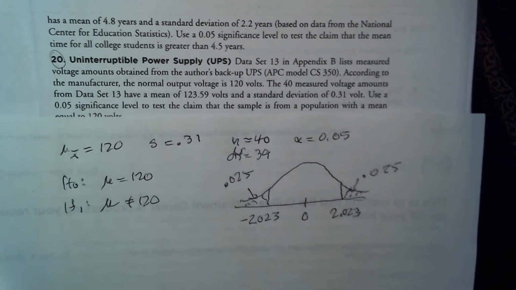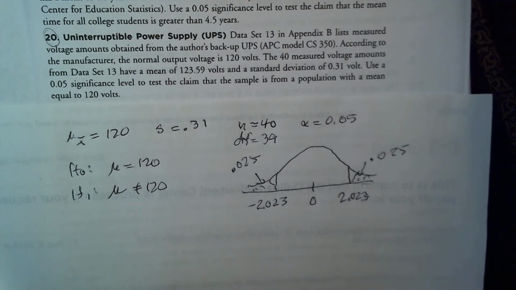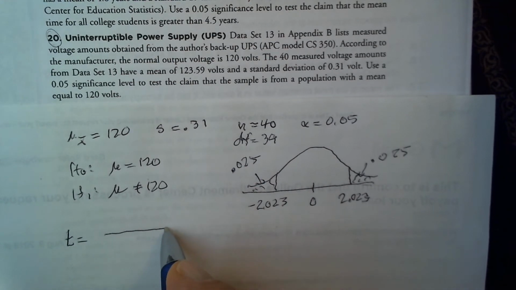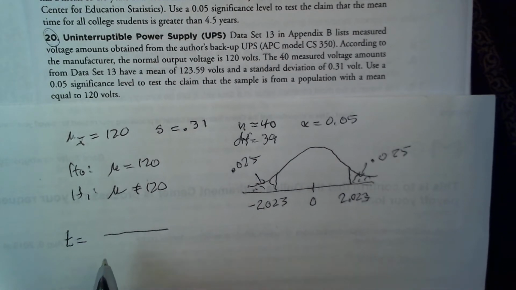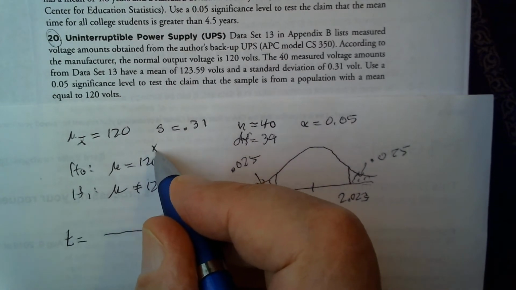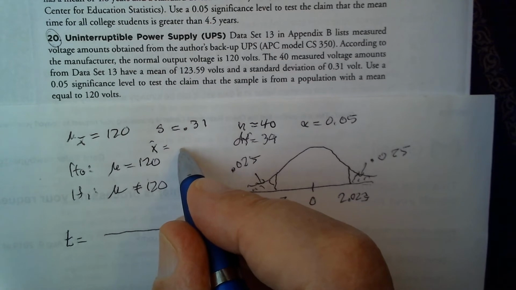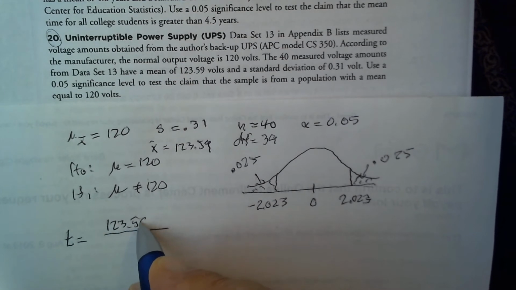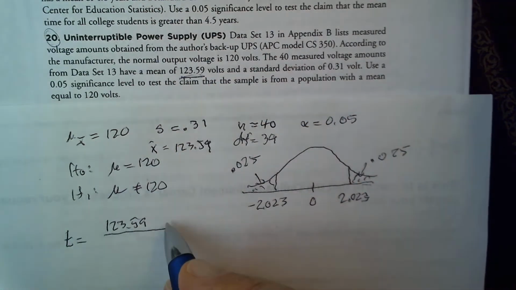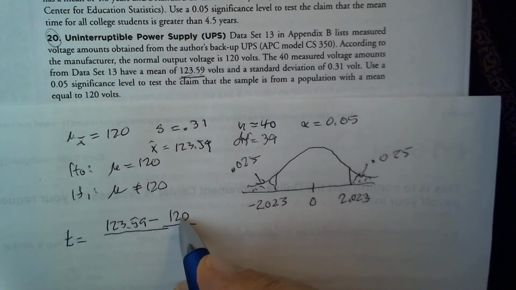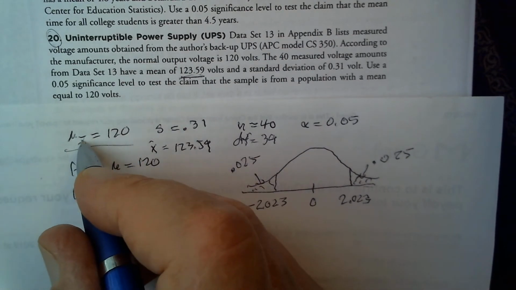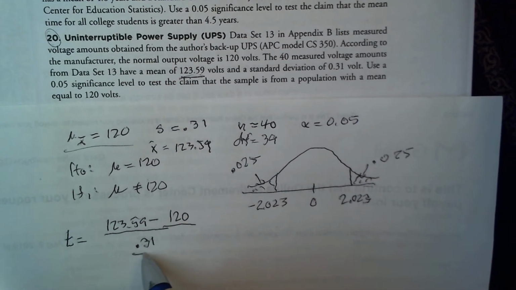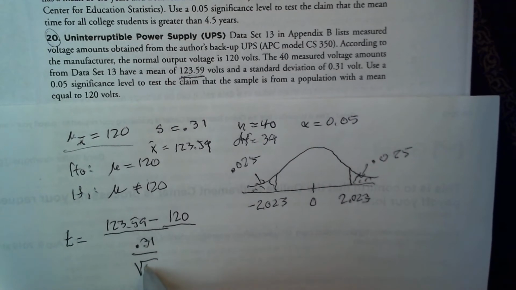Okay, so let's compute our test statistic. Our test statistic is t equals our sample mean, which was 123.59, minus 120, our mu sub x bar, divided by s, our sample standard deviation, 0.31, divided by the square root of n, or the square root of 40.